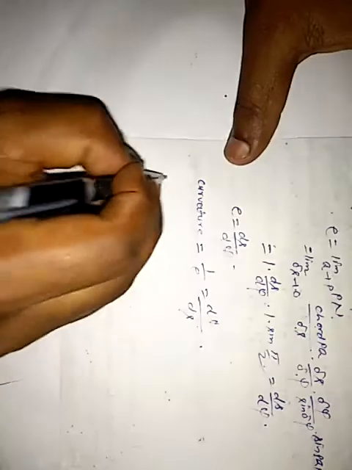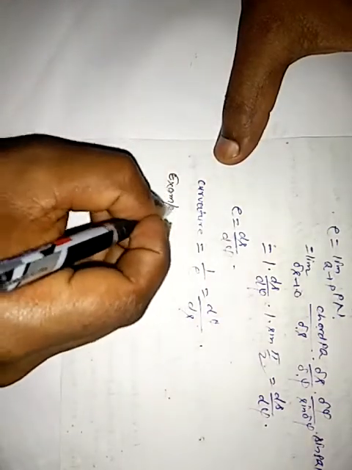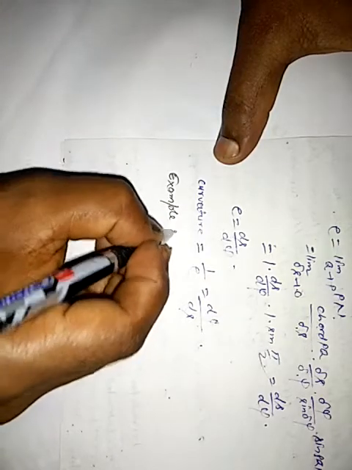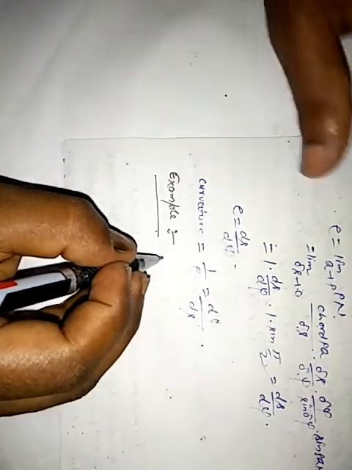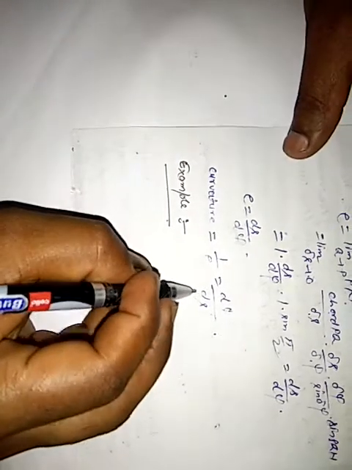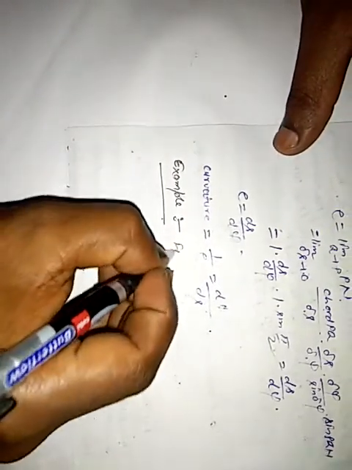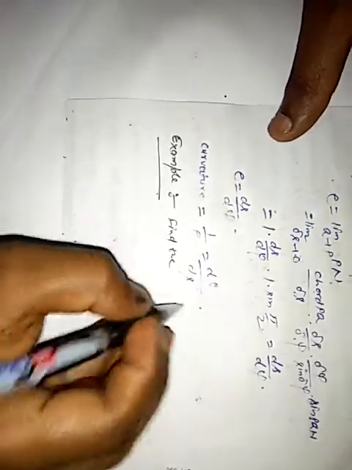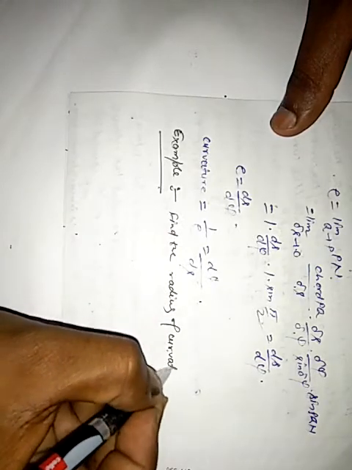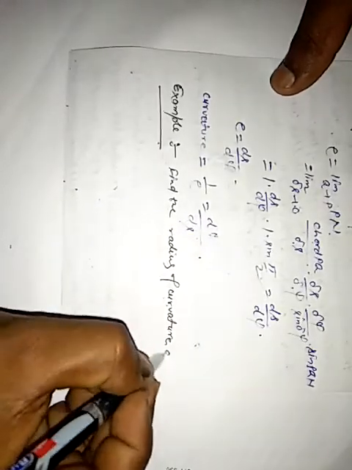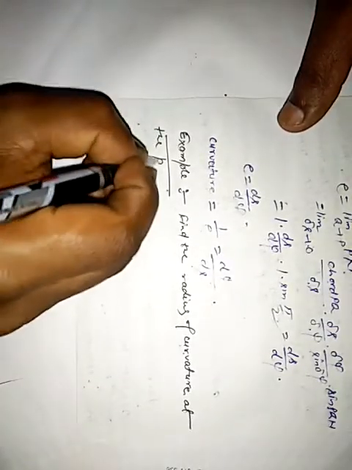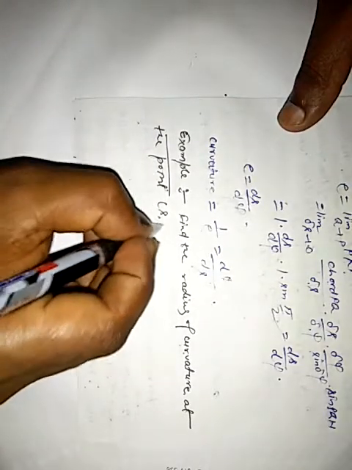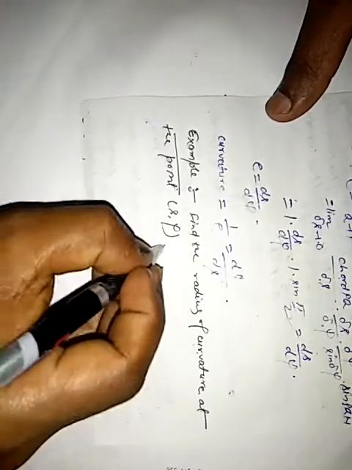Now we want to give an example. Find the radius of curvature at the point s psi, meaning in intrinsic form, on the curve.